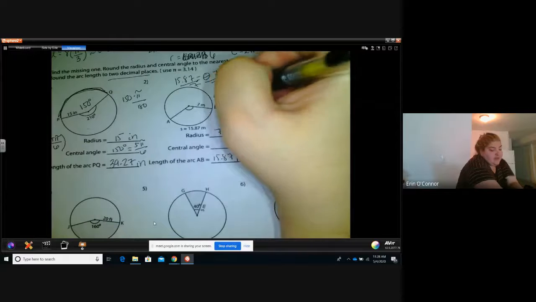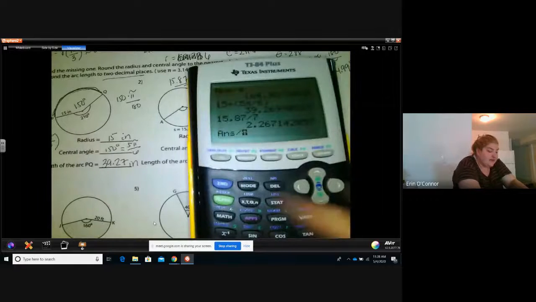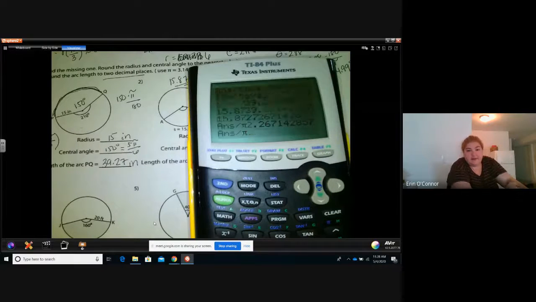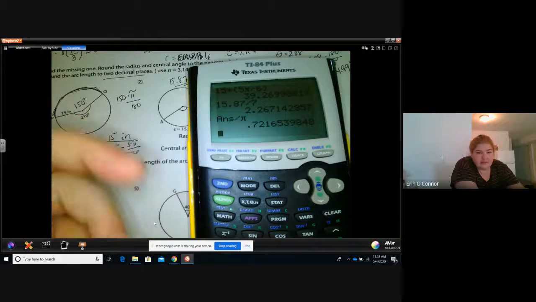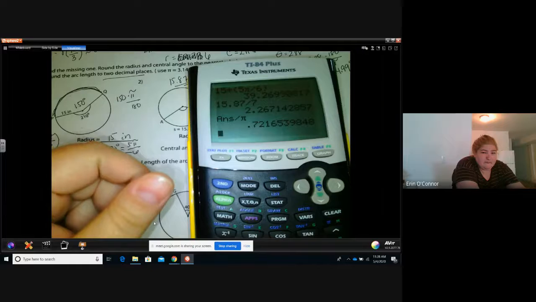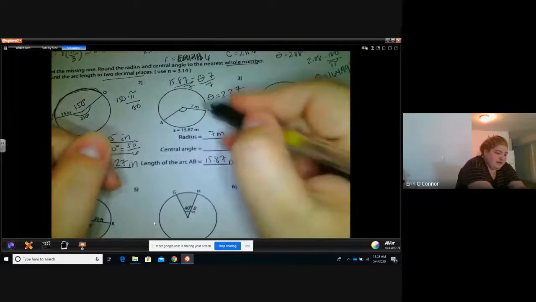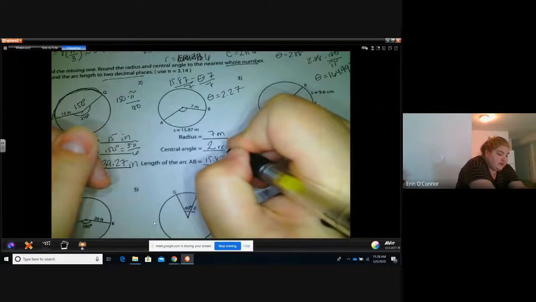Now, one thing is this doesn't have a pi in it, so to get a pi in it, we divide by pi, because otherwise we'd be multiplying by pi. And there's no great way to do this, so it'd be 0.72 pi, which we can write, but it says whole number, so I'm just going to write this as a whole number, which is 2 radians.